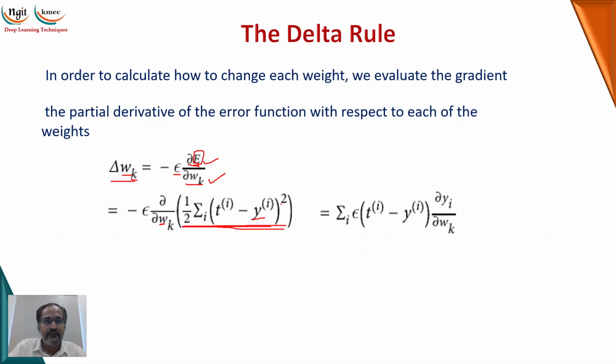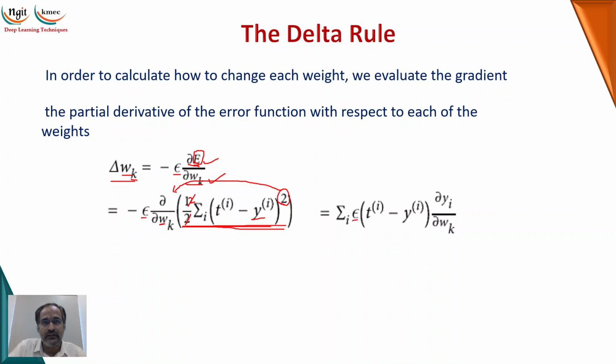The exponent will come forward, so that the 2 will come here and these 2s will cancel, and we will get only Σ (t − y).